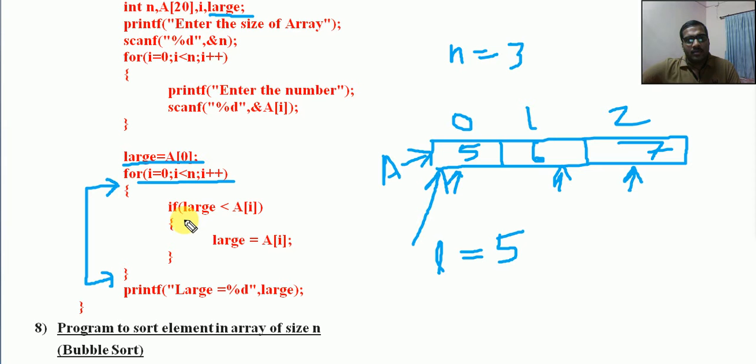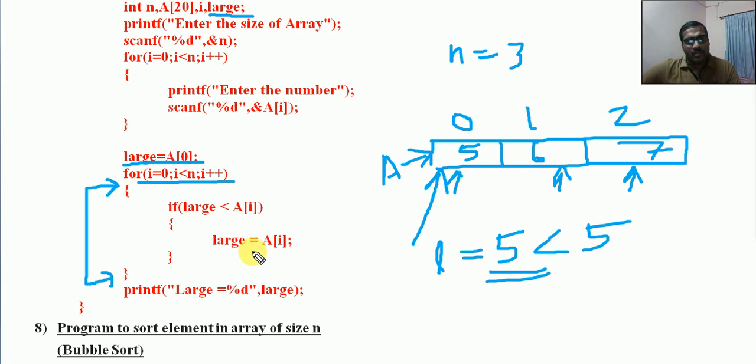Now what are we doing? For i equal to 0, it is true, so we are entering into this loop. If large, that is 5, is less than a of 0, that is 5, what will happen? 5 less than 5, that is wrong, right? 5 less than 5 is false.